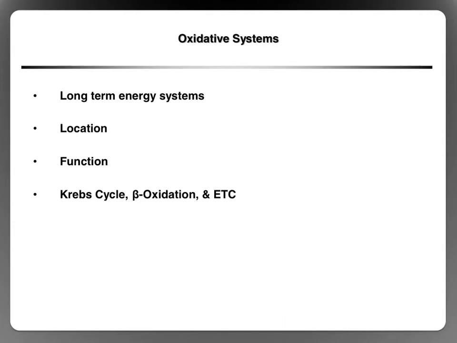Okay, so these are the oxidative systems: Krebs cycle, beta oxidation, electron transport. They are long-term energy systems, which means that they are fatigue resistant.